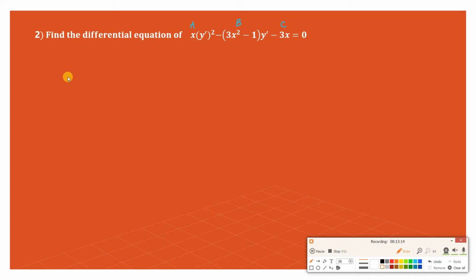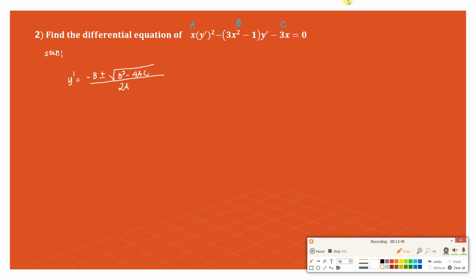So, again, by recalling what is quadratic formula, review tayo ng konti. So, we have y prime is equals to negative b plus minus the square root of b squared minus 4ac over 2a. So, yun yung quadratic formula.